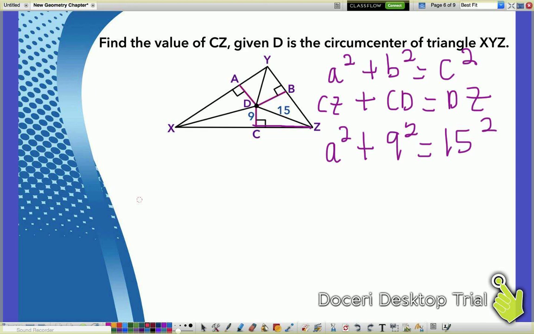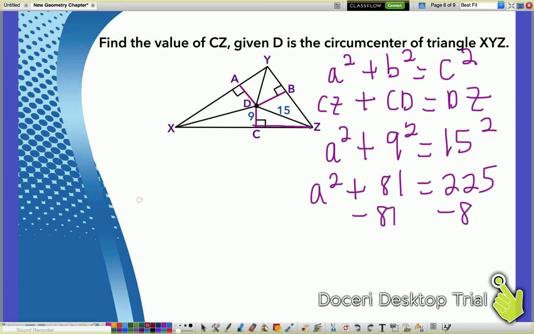Okay, so 9 squared is 81. 15 squared is 225. So again, I end up with 144.